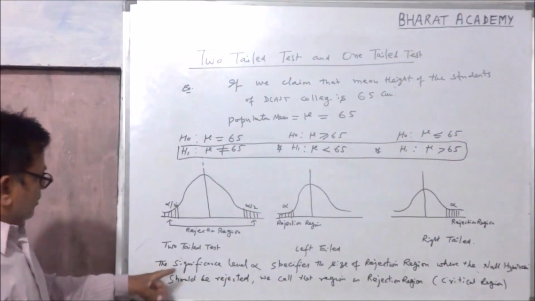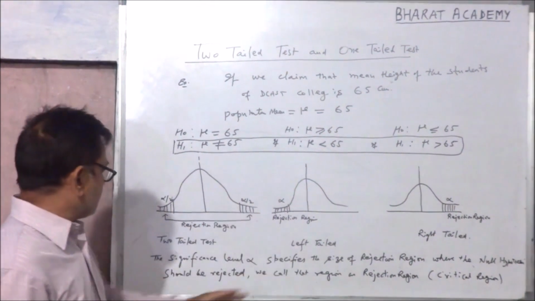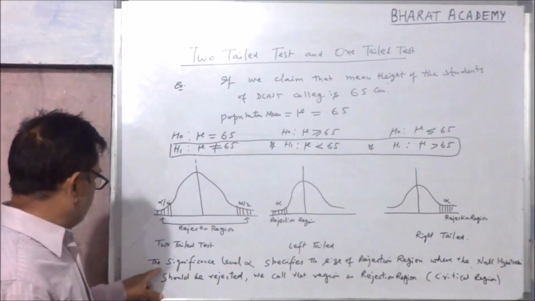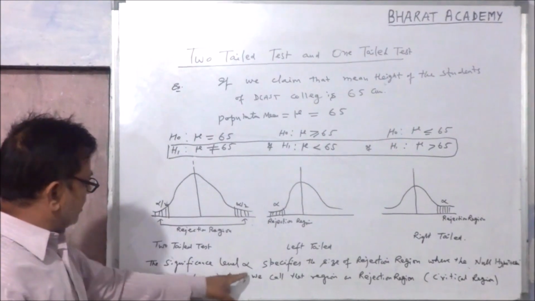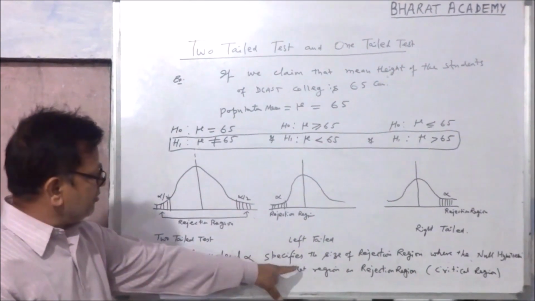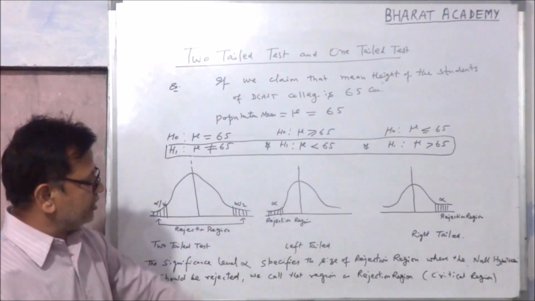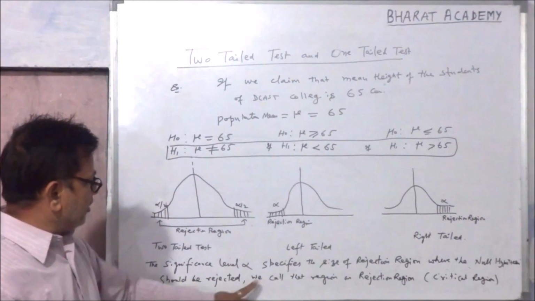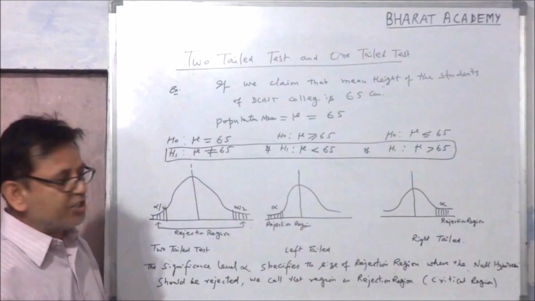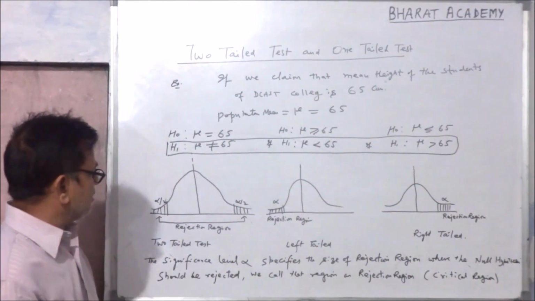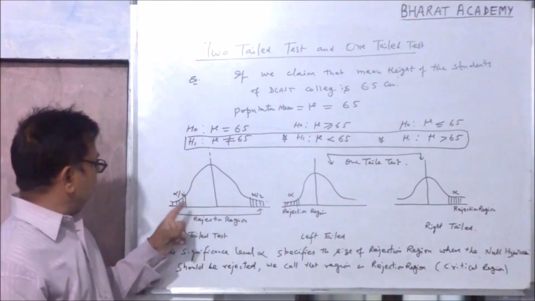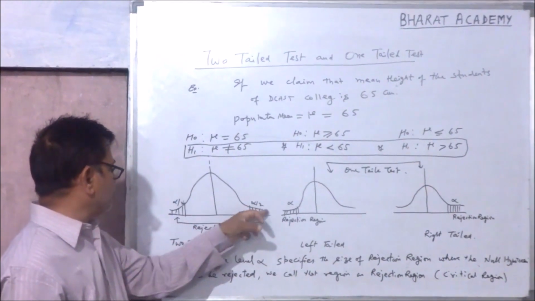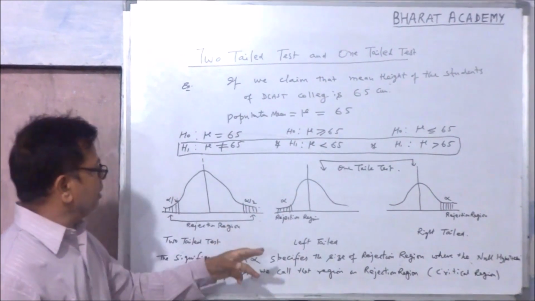Now, how can we form these tail tests? The significance level alpha specifies the size of the rejection region where the null hypothesis should be rejected. We call that region the rejection region or critical region. In two-tailed test, alpha is divided by 2 in two tails on both sides.